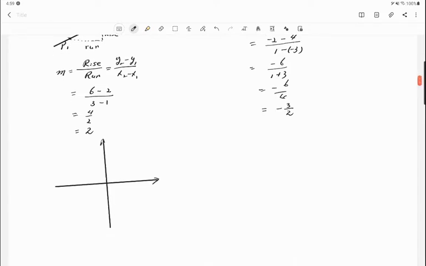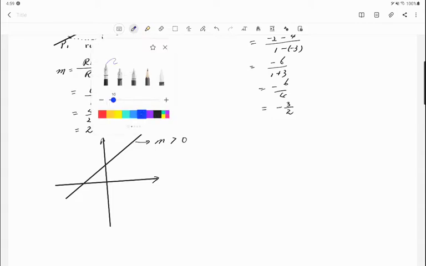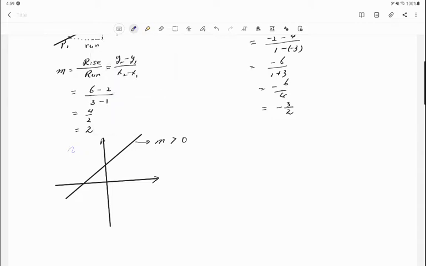If the right end goes up, then this means the slope is positive. If the right end goes down, for example like this, then the slope is negative. Okay, negative.